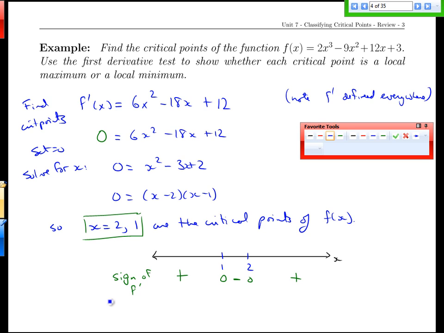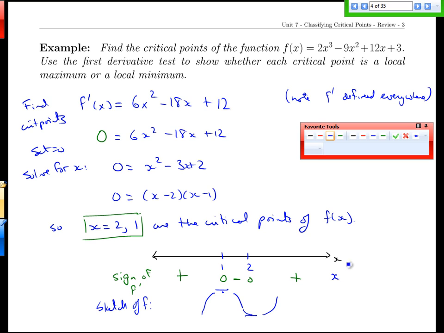What that means when we add a sketch of our function, we could go straight to the first derivative test if we liked, but I like drawing it out just for clarity. If the sign of the derivative is positive, the function's increasing, hits a 0 slope, and then is decreasing, hits a 0 slope, and then is increasing again, then that would be the sketch of our function.